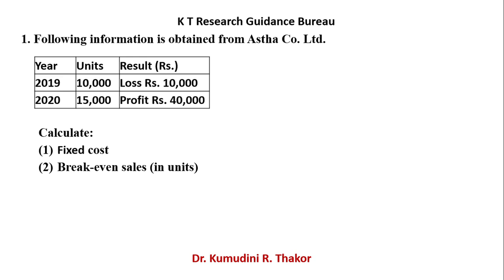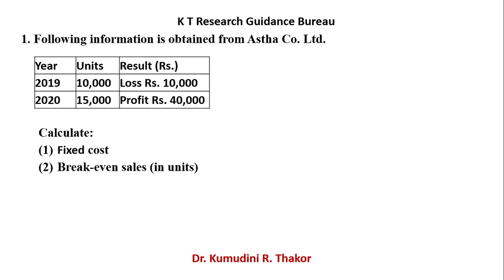So far as result is concerned, first year there is a loss of 10,000 and next year the company enjoyed a profit of 40,000. So obviously you feel that you have to write down 40,000. No. How to calculate?